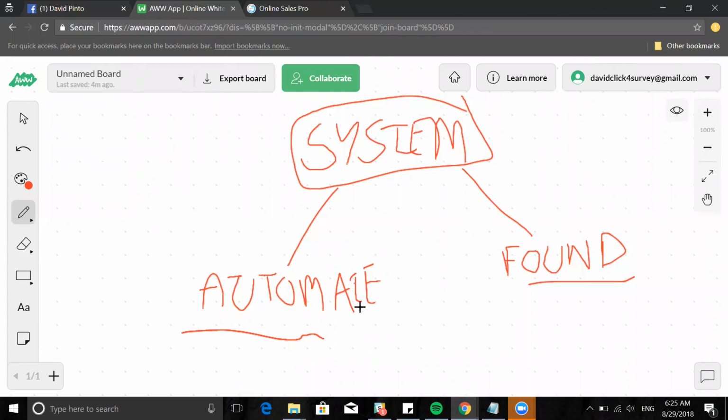And what does a system do for you? A system does two things. It creates a foundation for you, and it automates it for you. The automation side of it is really simple. Think about you teaching the guitar or a musical instrument. Now that you have so many online courses, that becomes part of the system for the people who are teaching.